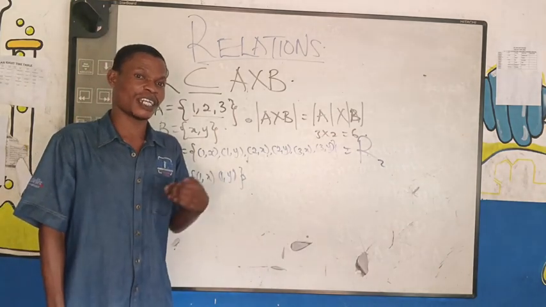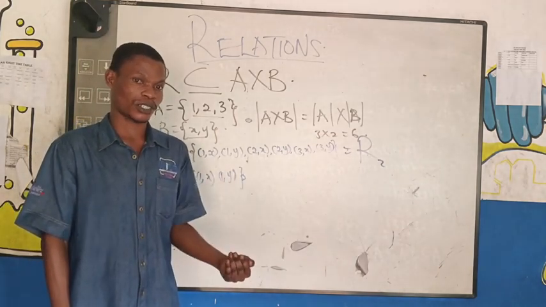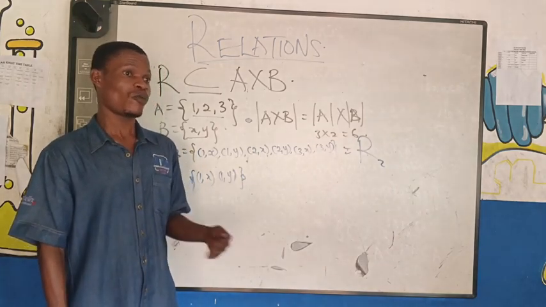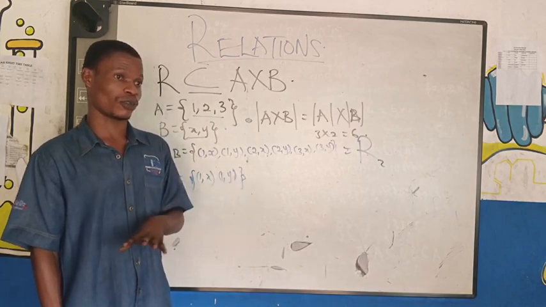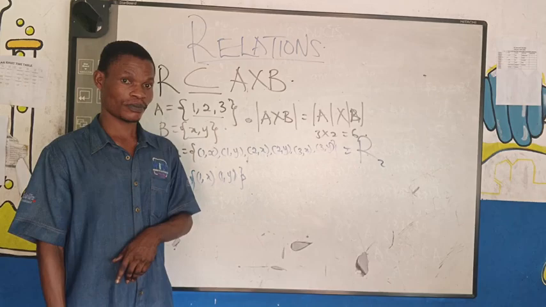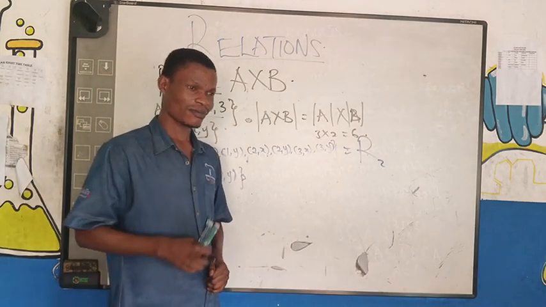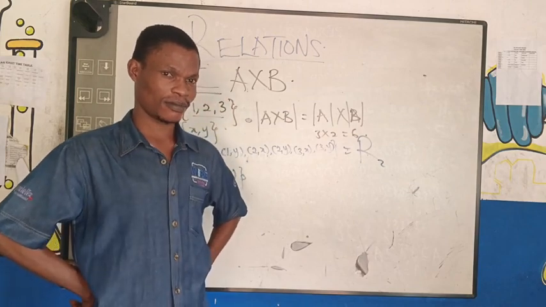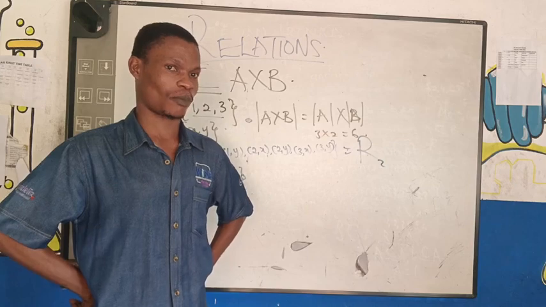Now, when is a relation said to be a Cartesian product? When is a Cartesian product said to be a relation? And finally, are all relations mappings?